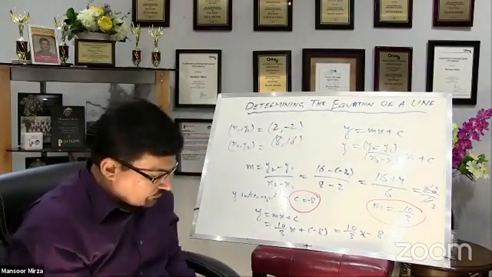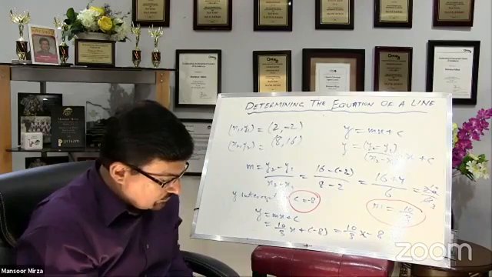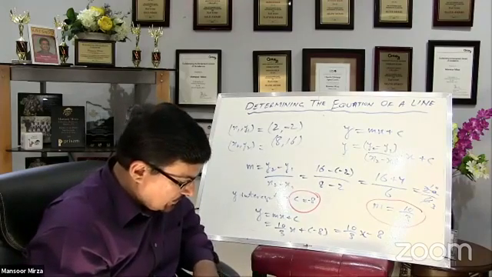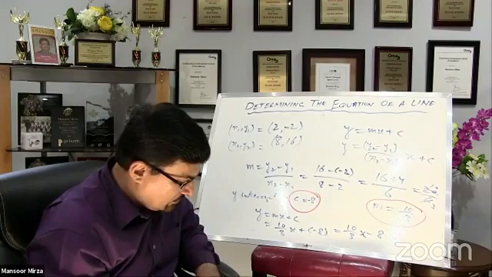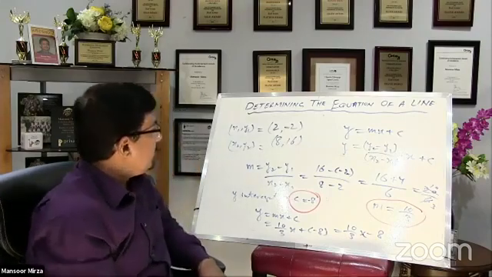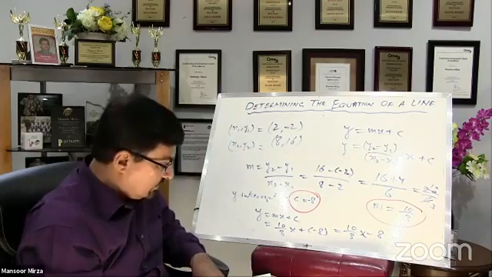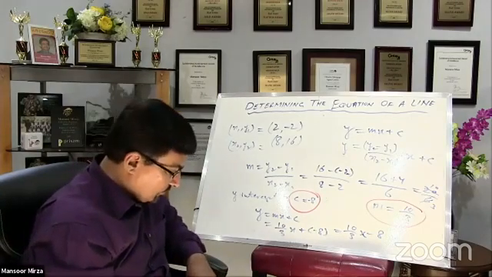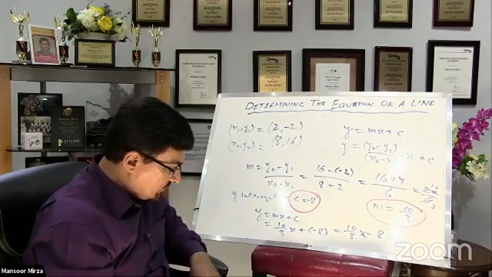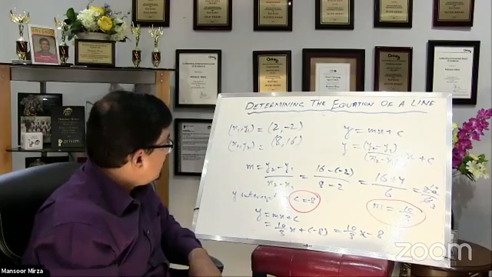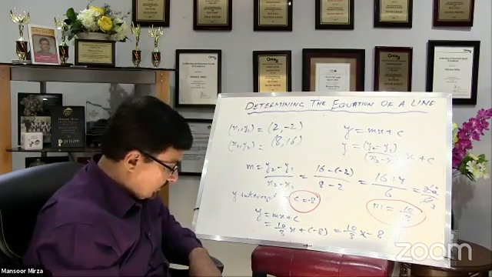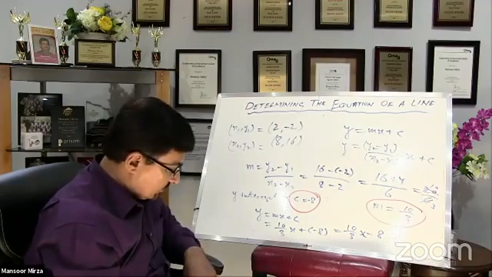My numbers are coming out different, so let me see if I have made any mistakes. So 8, 16, 2, minus 2. Okay, x2 minus x1 is coming to 6.